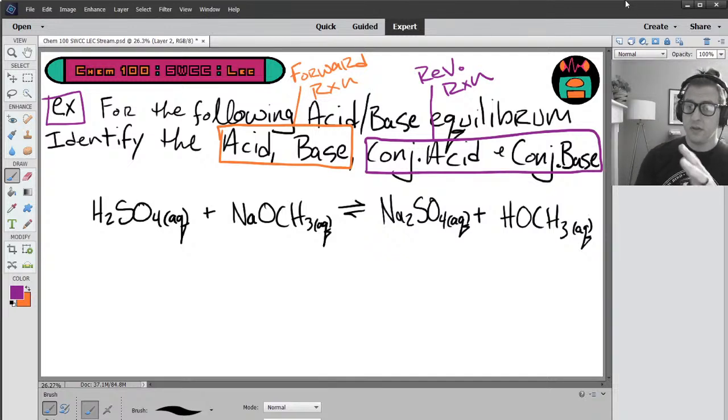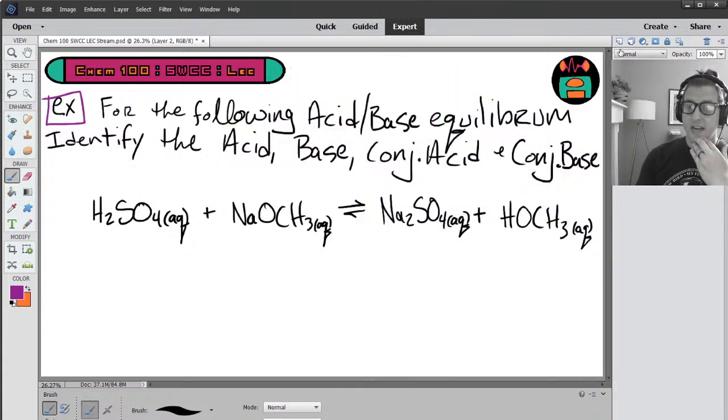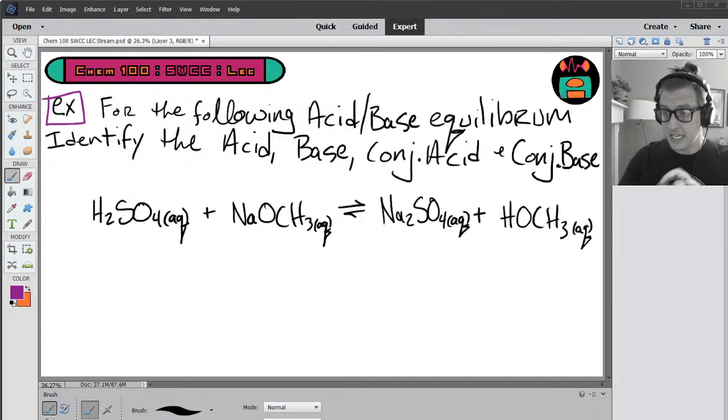All right, so first off, we need to identify our acid and base. You'll recall that the Bronsted-Lowry definition is the one that I'm going to use. It is the easiest to use in this context.